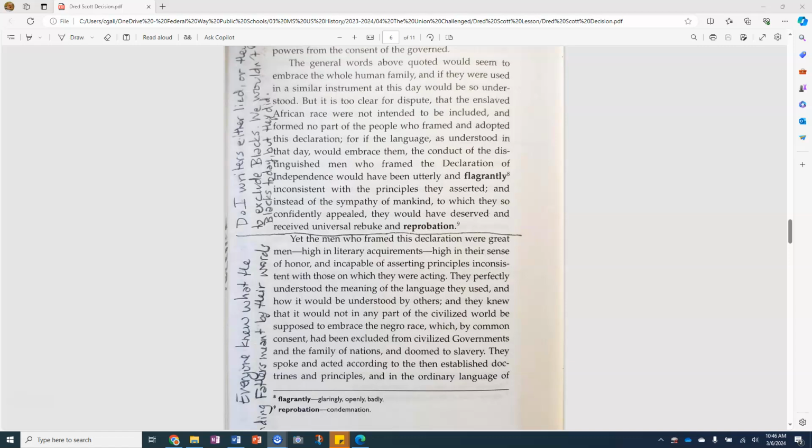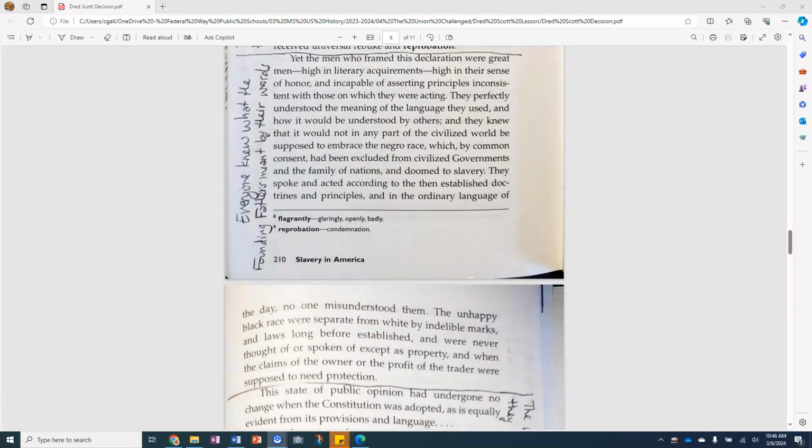They spoke and acted according to the then established doctrines and principles in the ordinary language of the day. No one misunderstood them. The unhappy black race were separated from white by indelible marks and laws long before established, and were never thought of or spoken of except as property, and when the claims of the owner or the profit of the trader were supposed to need protection. Okay.